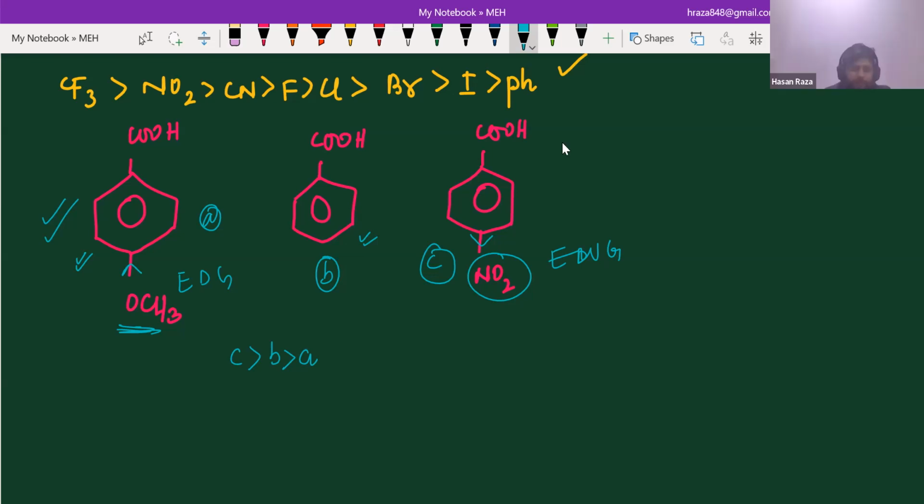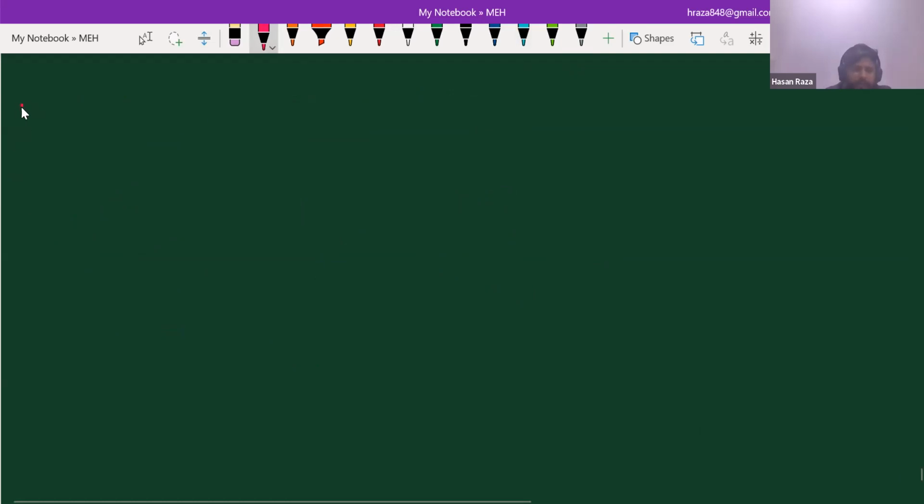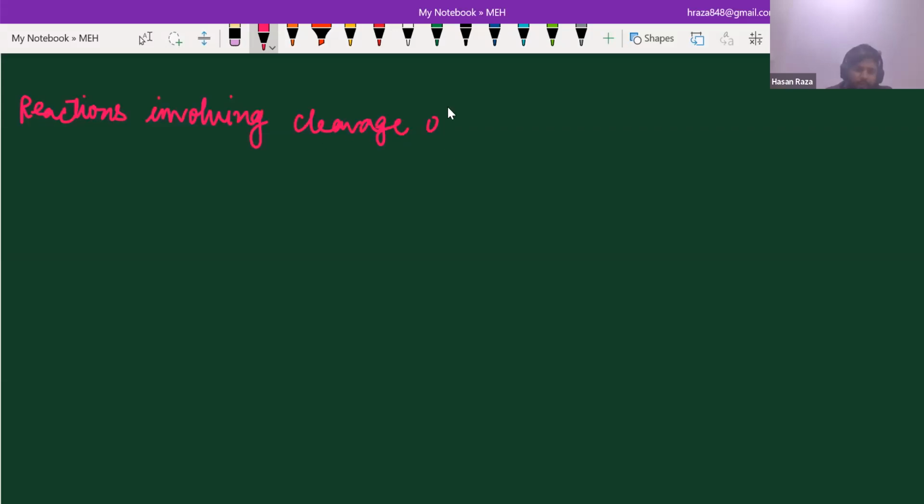Now see, we have another type of chemical reaction, that is reactions involving cleavage of the C-OH bond.